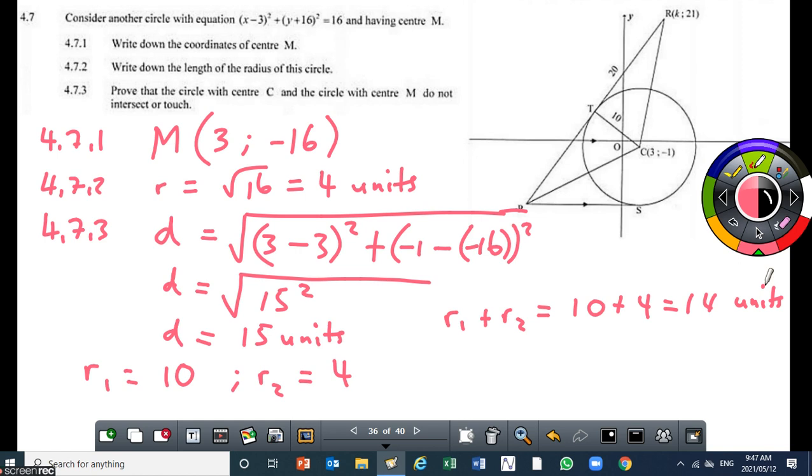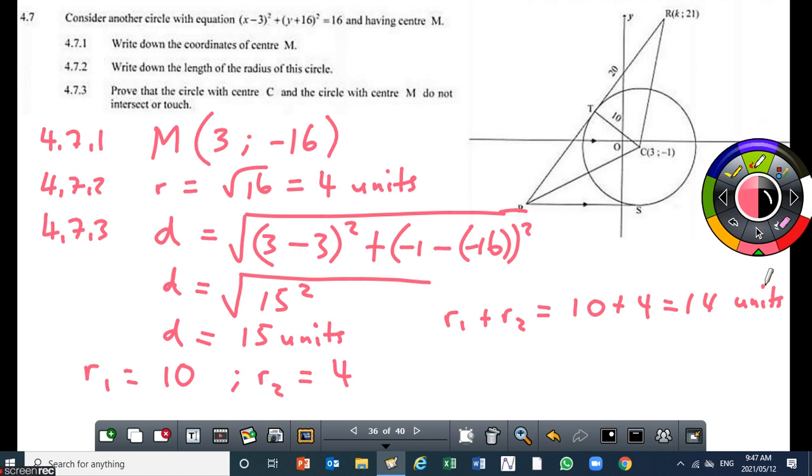Now we need to interpret this. The distance between the centers is greater than the sum of the radii. But their center is the same. How do you interpret it?